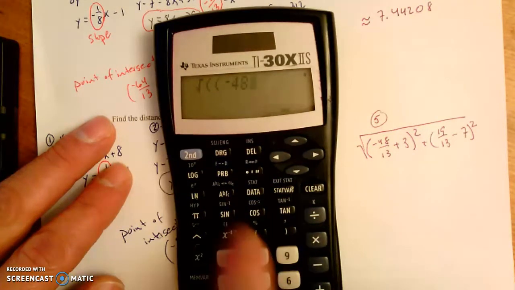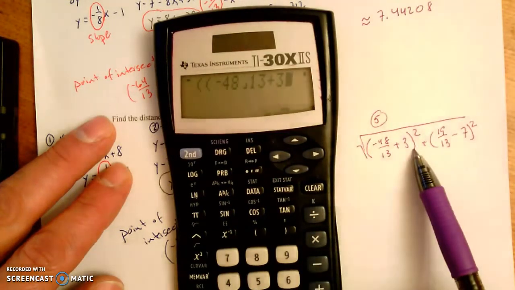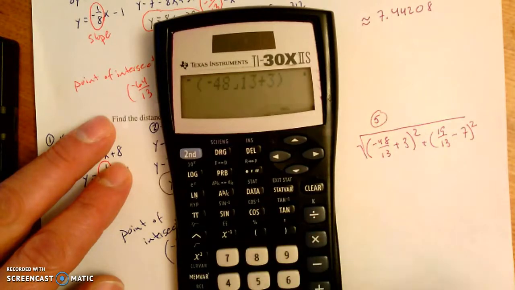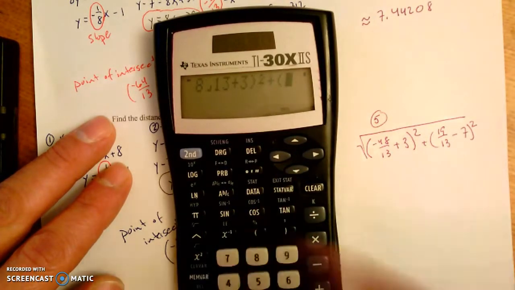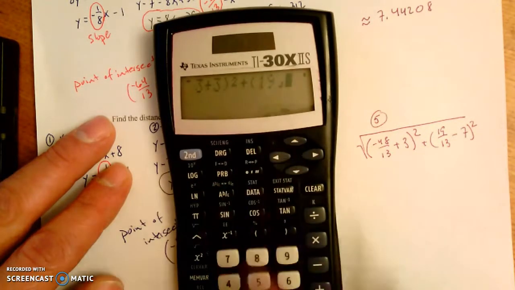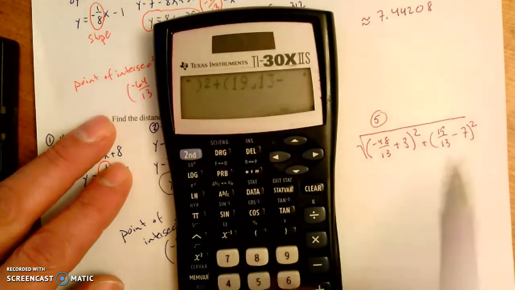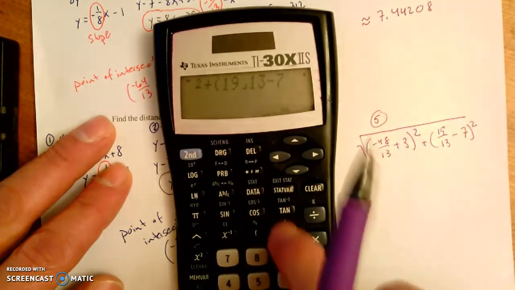So we got negative 48 ABC 13 plus 3. And then we'll close out that set of parentheses. Squared plus 19 ABC 13, minus 7. Close out that set of parentheses.